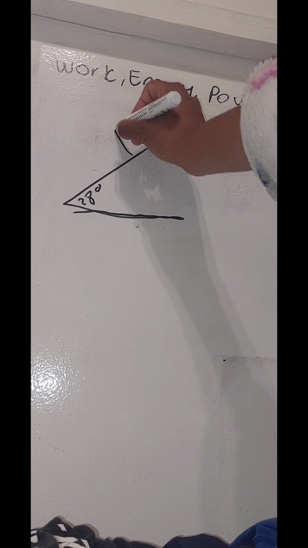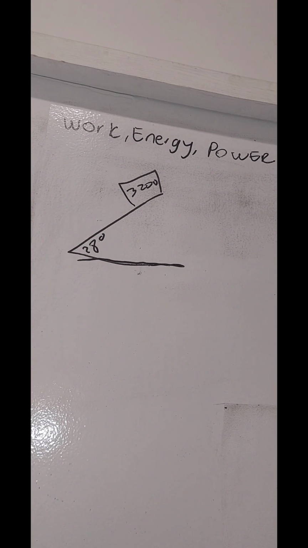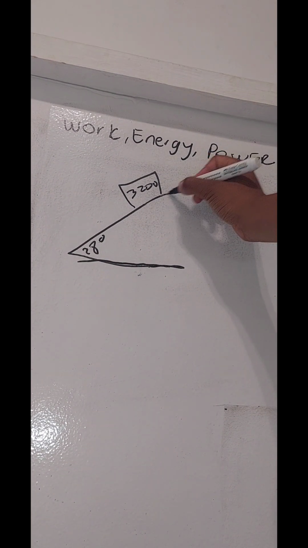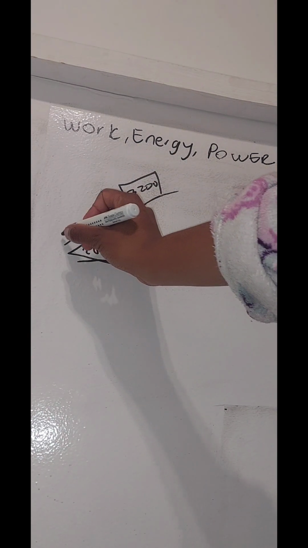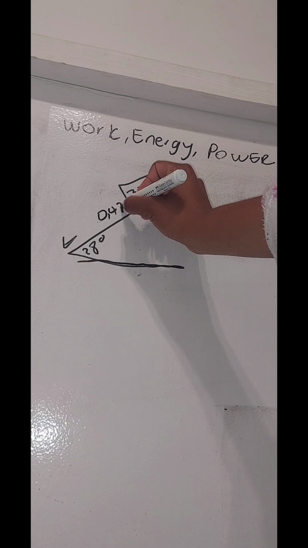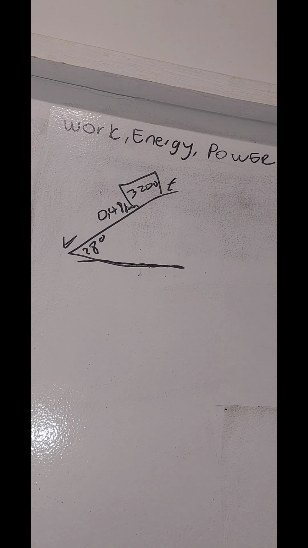And here is the lorry, 3,200 again, inclined, and then they said the distance, 0,48 kilometers. The distance is from here to here. They said it's 0.48 kilometers, right? So let's see what they want us to do.